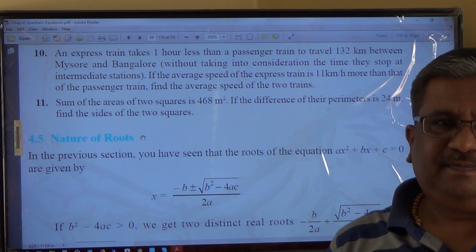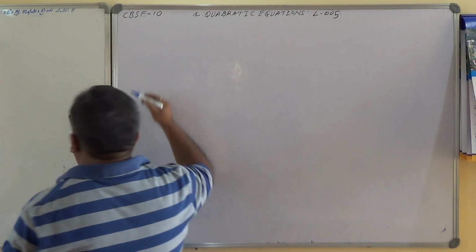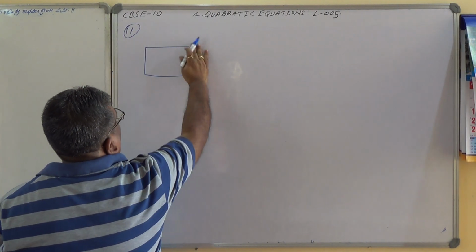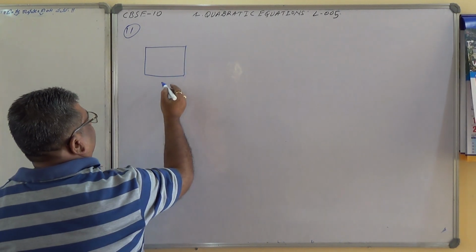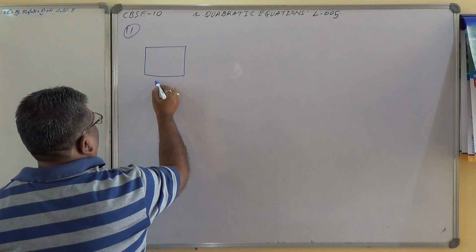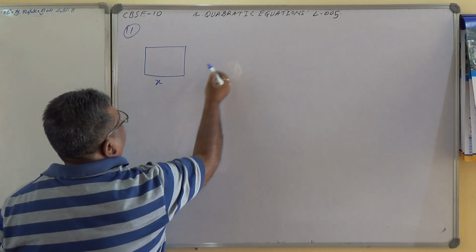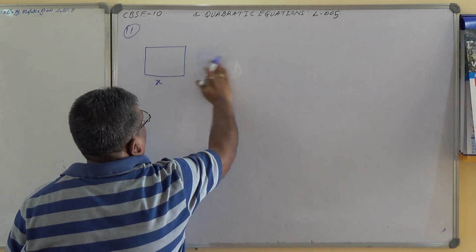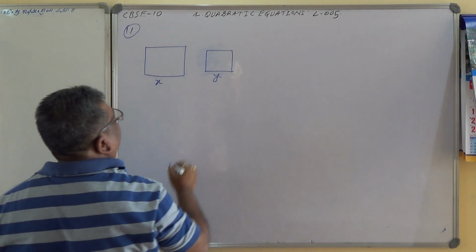Fine, let us solve this problem. Let me consider the side of the larger square to be x and the side of the smaller square to be y.